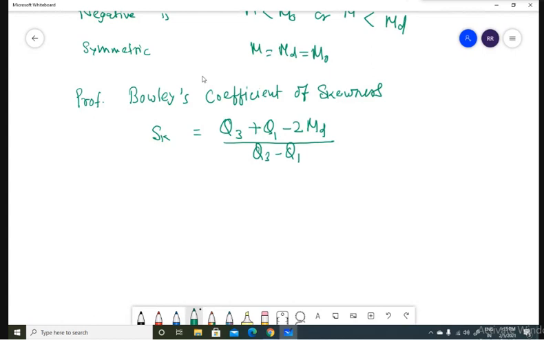Okay, and it is also known as the quartile coefficient of skewness.